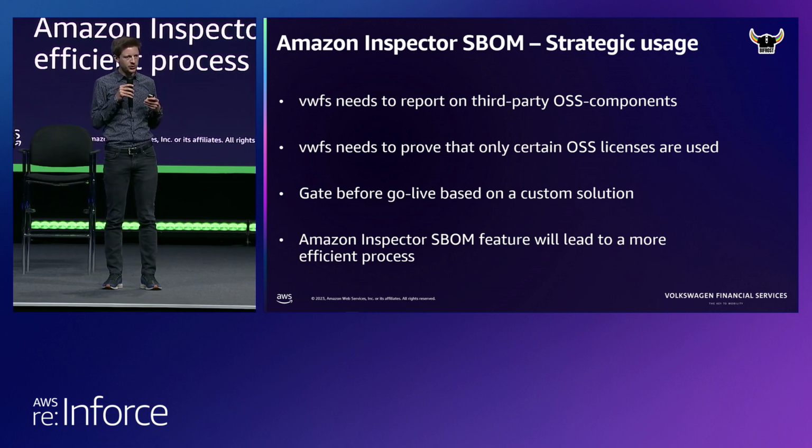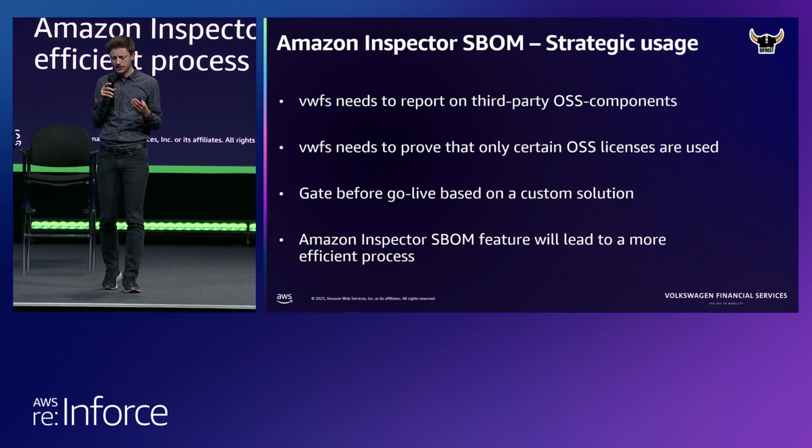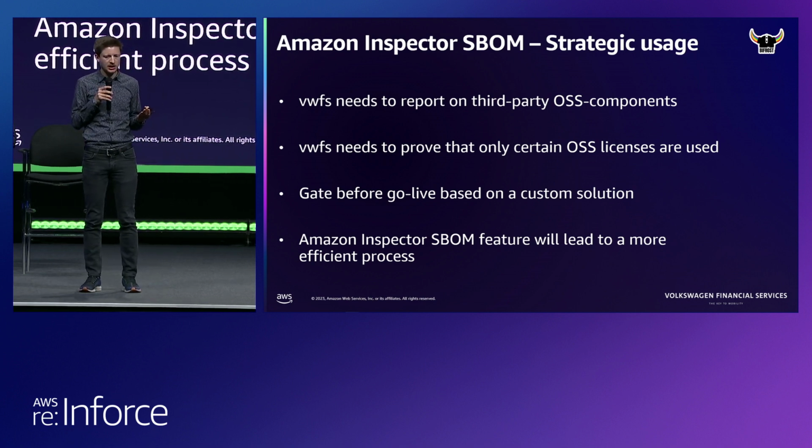So we not only need to have a list of components and dependencies we use, we also need to prove that we only use certain licenses of the open source components, for example MIT licenses. Before a go-live, there's a gate whenever we have a custom solution built, where the product teams need to prove that they do not use any of those not-allowed OSS licenses or third-party components.